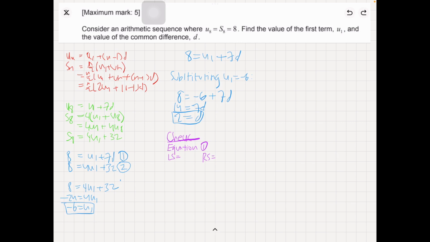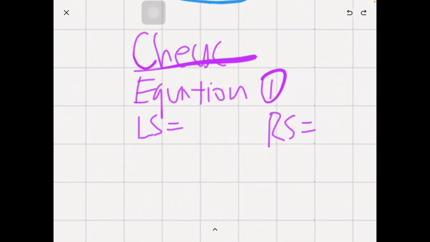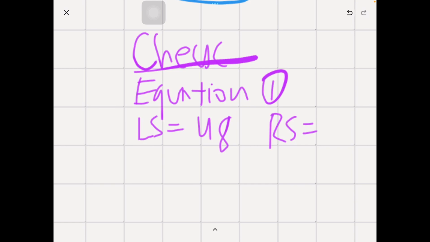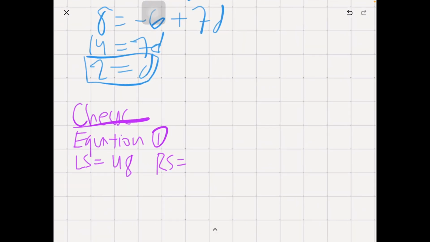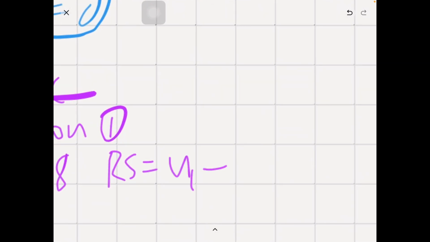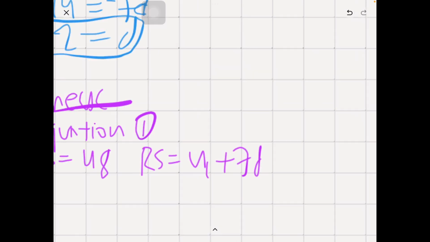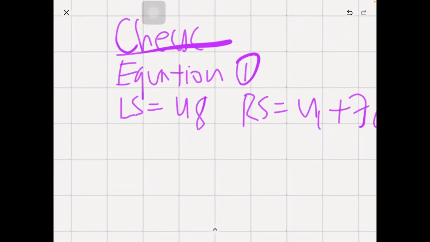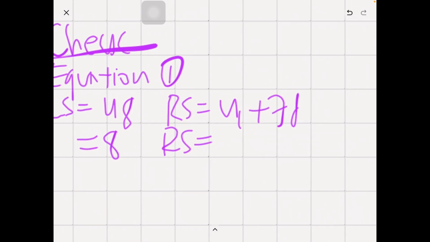So left side is equal to U8. Right side is equal to U1 plus 7d. This is equal to 8 from the question. And the other side, U1 is equal to negative 6 and d is equal to 2.